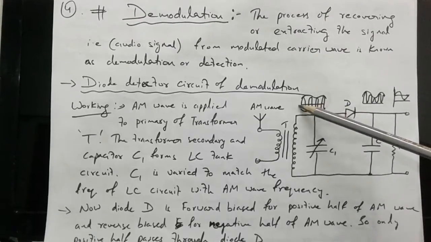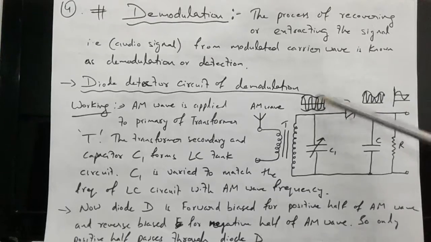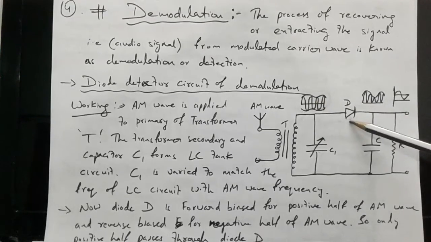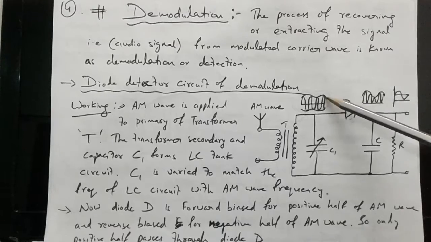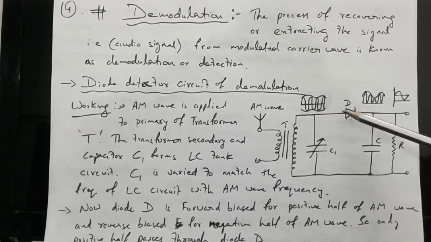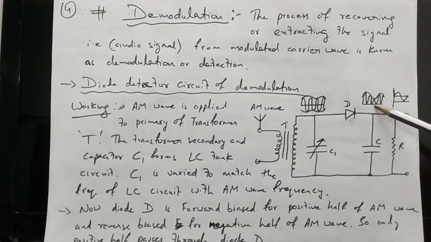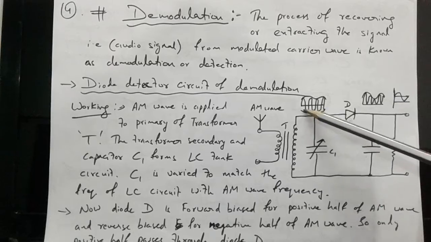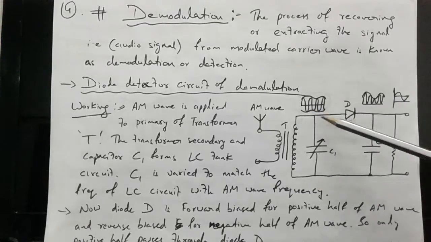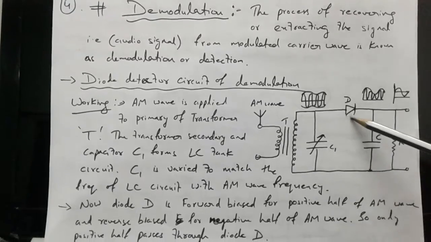So for this positive half, that is the upper half of this AM wave, this diode is forward biased. Therefore its resistance is negligible, and so the upper half of the AM wave easily gets passed through this diode. But for this lower part, or the negative part of this AM wave, this diode becomes reverse biased.